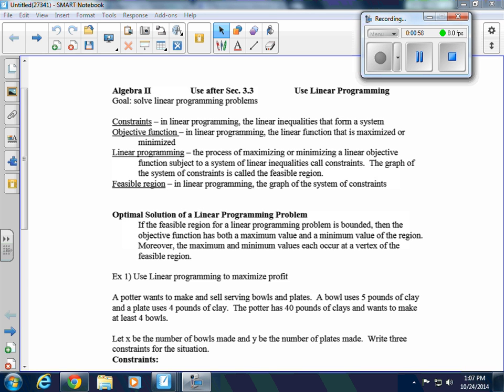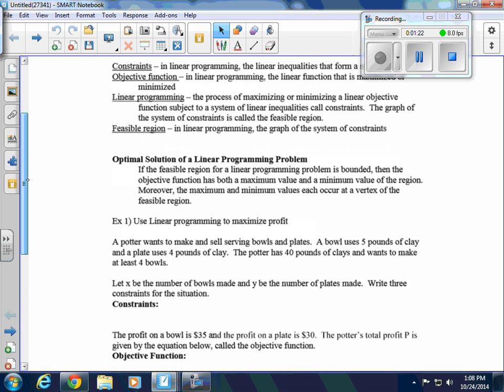And linear programming is simply the process of maximizing or minimizing a linear objective function subject to a system of linear inequalities called the constraints. The graph of the system of constraints is called the feasible region. So our shaded area, or our solutions to all the inequalities, is going to be called the feasible region.